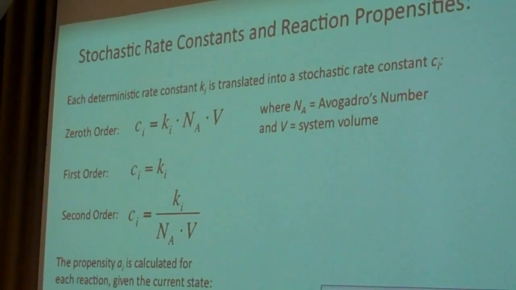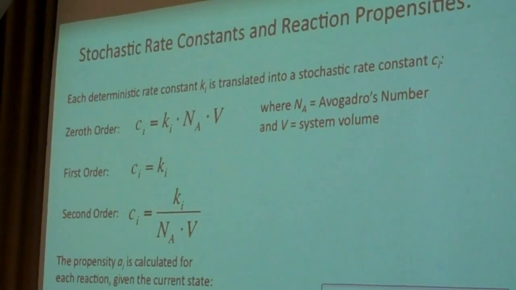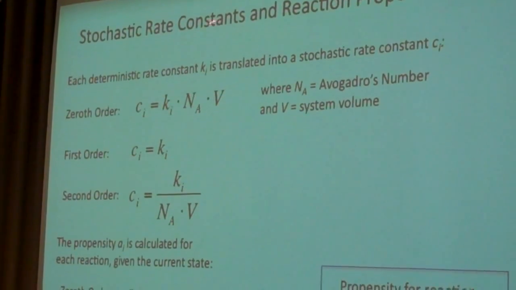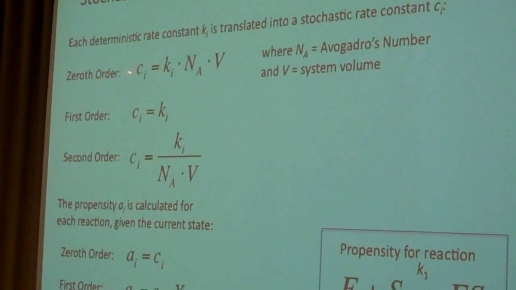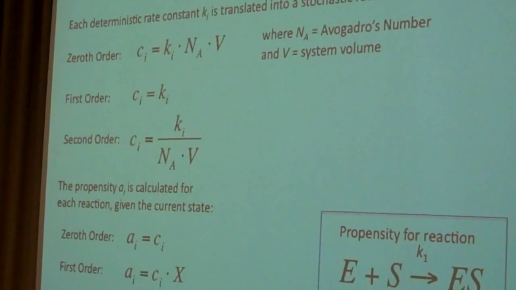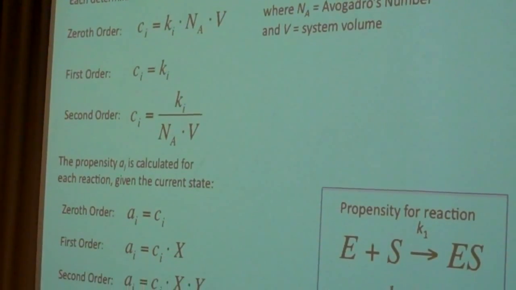In addition, we have to modify the deterministic rate constants, which are normally designated with Ks, to stochastic rate constants, which actually take into account the volume of the system. This, without going into too much detail, is done quite easily. Then we use these stochastic rate constants to calculate propensities for each reaction.